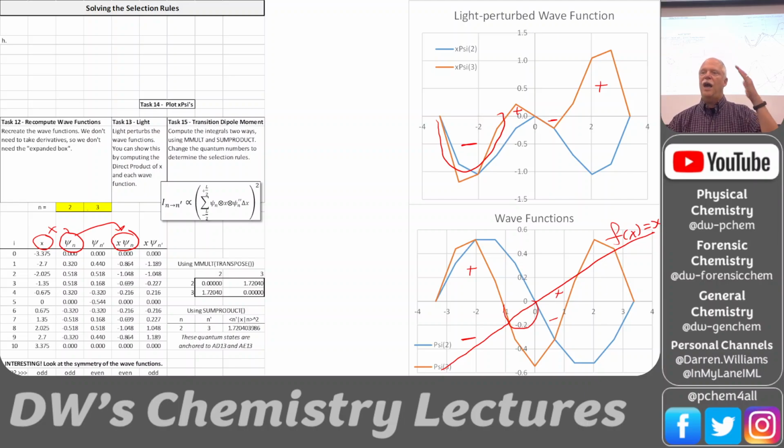So light has perturbed that wave function. It has changed it. It was an even function, and now it's an odd function because the function x is odd. So I took an odd times an even, and I ended up with an odd result. So light comes in, it changes the symmetries of the wave functions, and it's going to change the integrals and all of that.